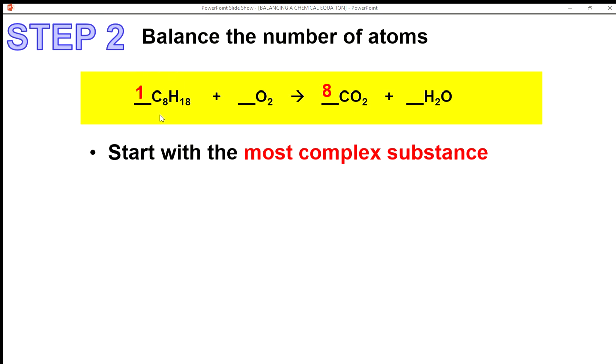We will assign octane as 1 mole. If octane is 1 mole, it means 1 mole of octane contains 8 moles of carbon atoms. Here we have carbon dioxide. Since in octane there are 8 moles of carbon atoms, we need to put 8 in front of carbon dioxide, because we want to balance the number of carbon atoms in carbon dioxide and in octane.